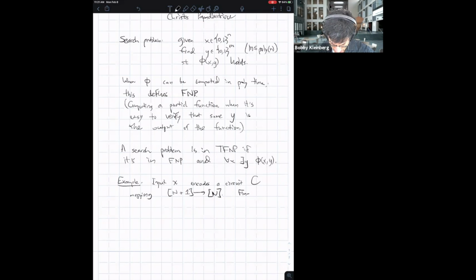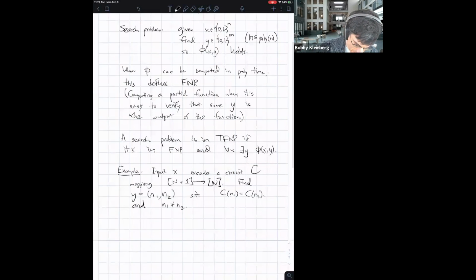And the search problem is to find a pair of numbers n1 and n2 such that C of n1 equals C of n2, where n1 is not equal to n2. The pigeonhole principle guarantees that there exists such a pair, but can you find a collision given just a description of the circuit that computes the function in which you need to find the collision?